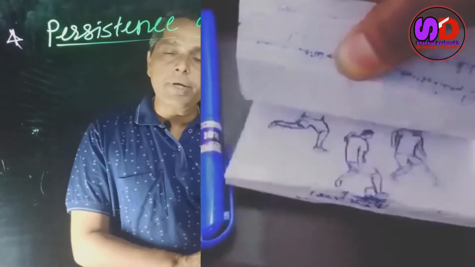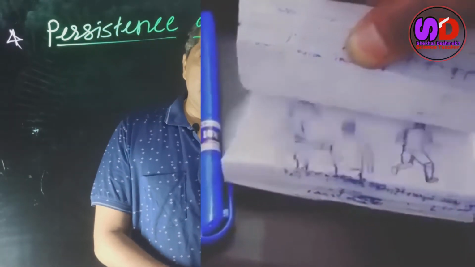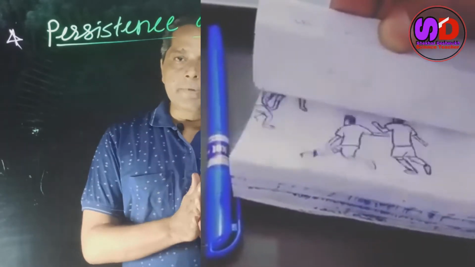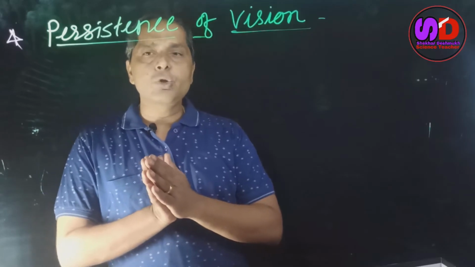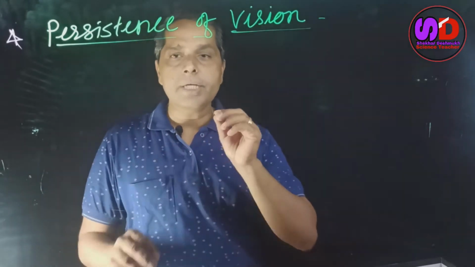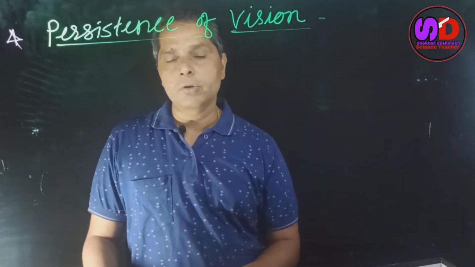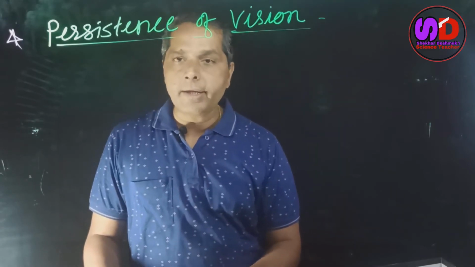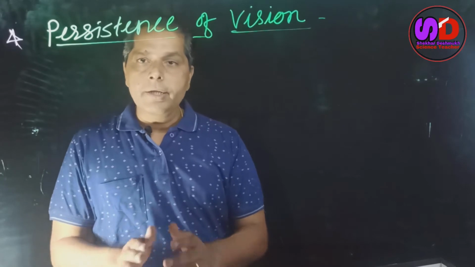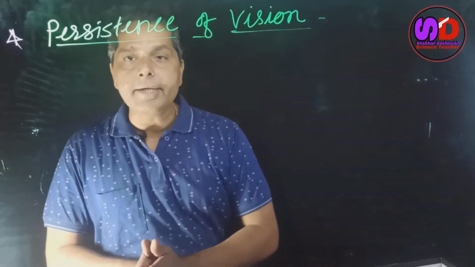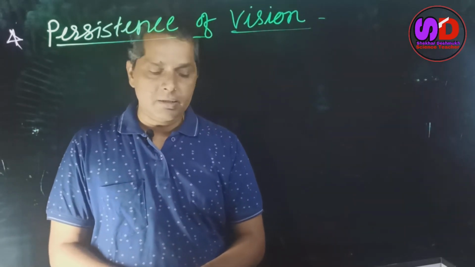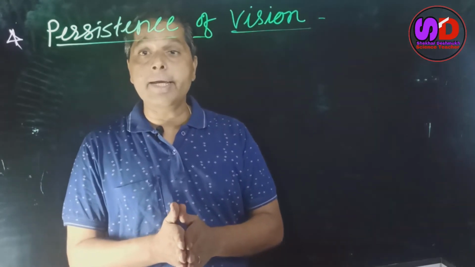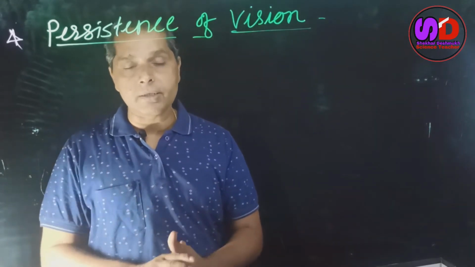In this clip you can see that there are so many pictures drawn there, so many drawings, and it appears that it is moving. So it is the effect which we call persistence of vision.